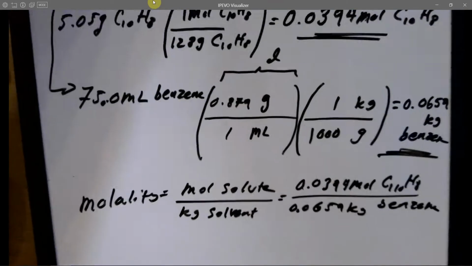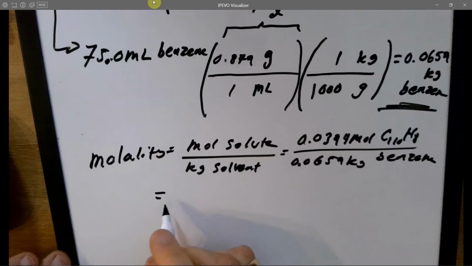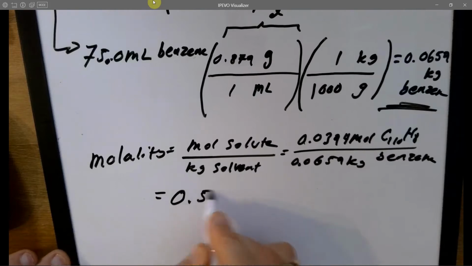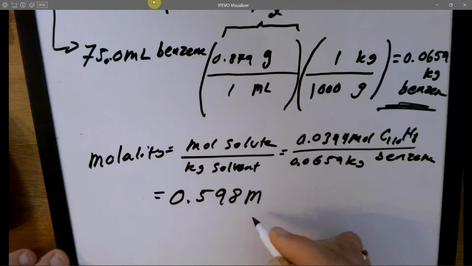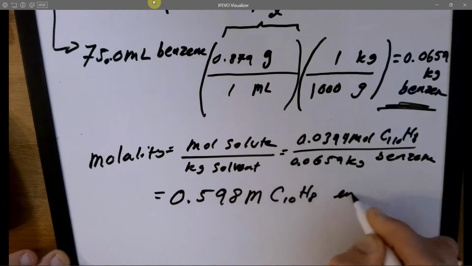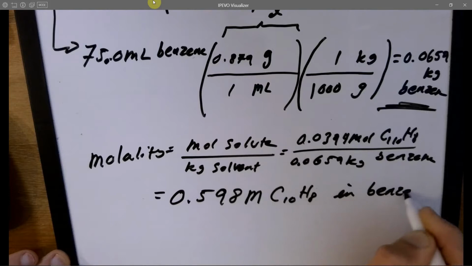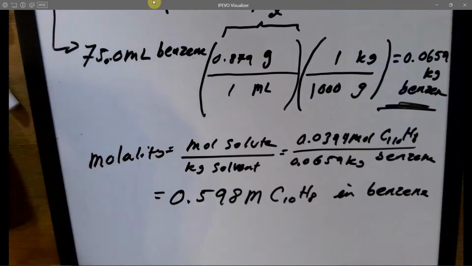Okay, and then once I punch that into the calculator, I get that this is 0.598 little m for molality, C10H8 in benzene. And that's how I would calculate molality. Very similar in mechanics to molarity.